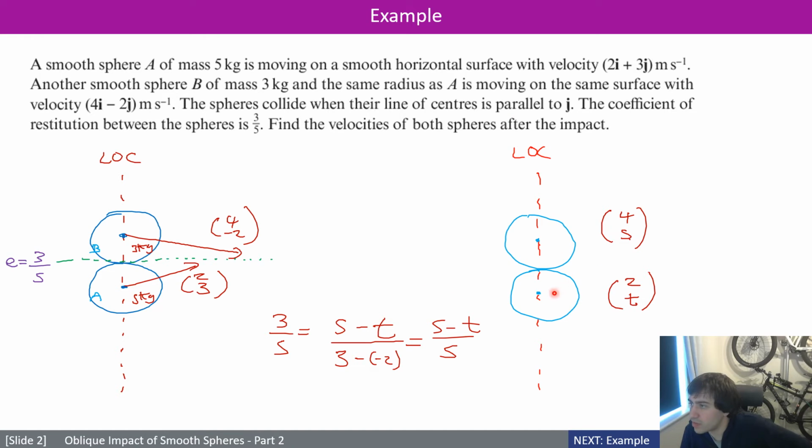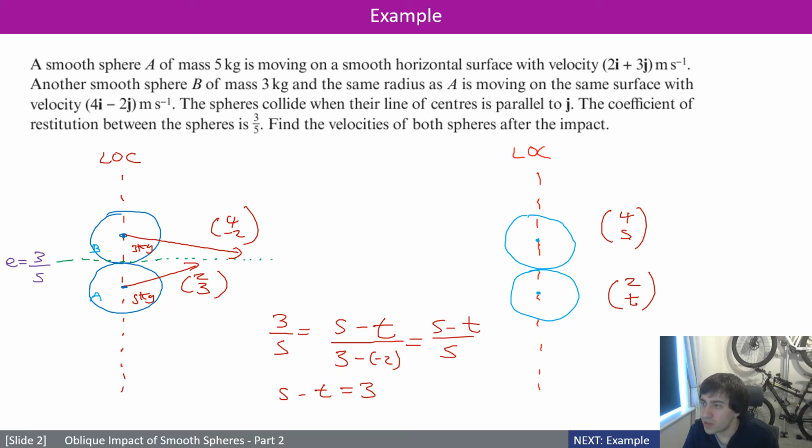With final velocities, I'm only looking at vertical. B first, s minus t, divided by, and then we'll do A first, 3 minus minus 2 equals 5. Yeah, that should make sense. So then we get s minus t equals 3. And that's our first equation in the vertical direction.